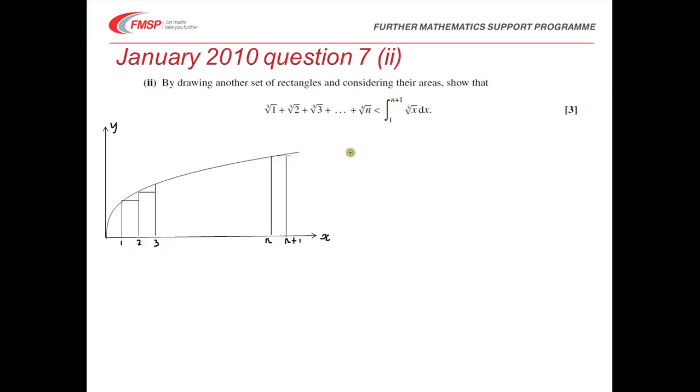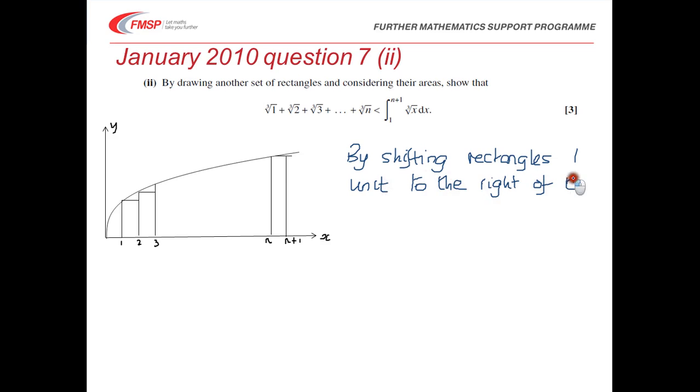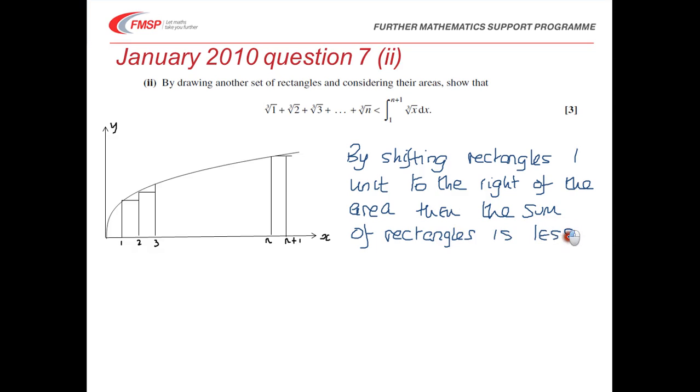So by shifting the rectangles, and you need to explain that you're doing this 1 unit to the right of the area, then that means the sum of the rectangles is less than the area under the curve.